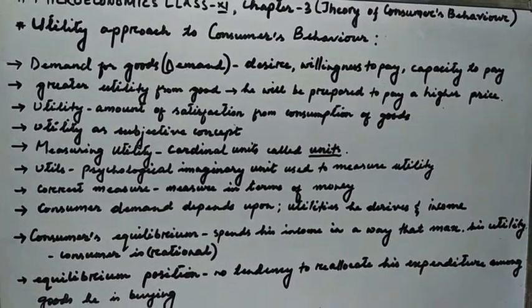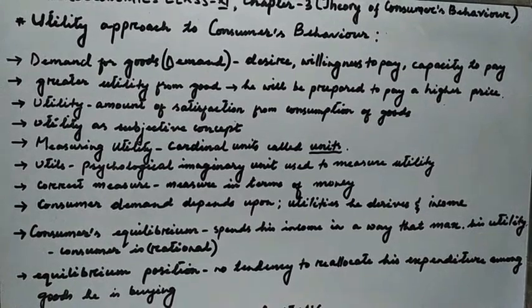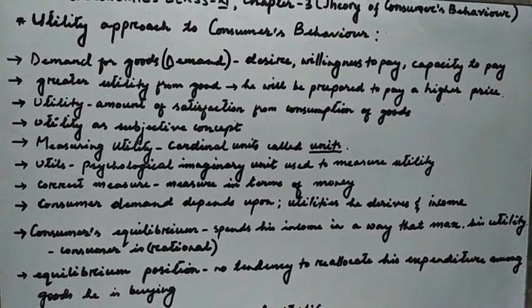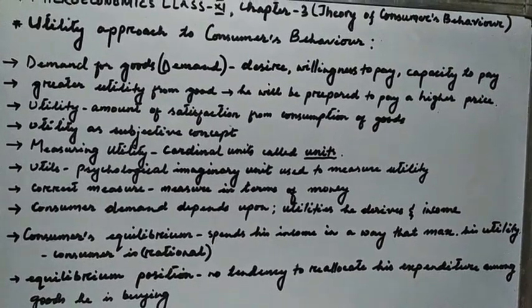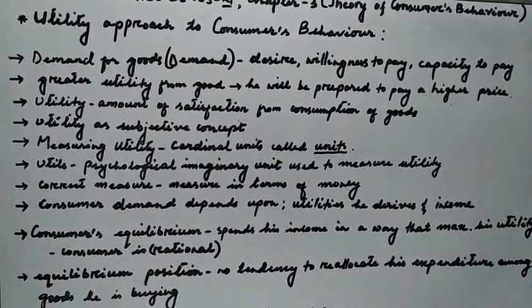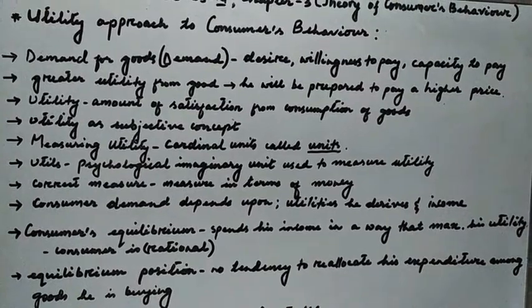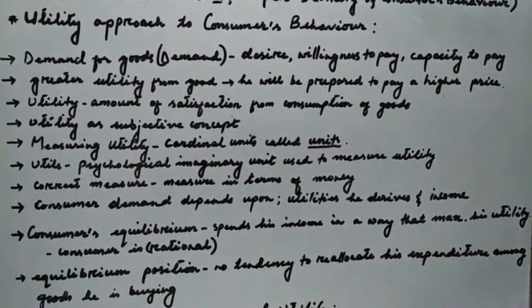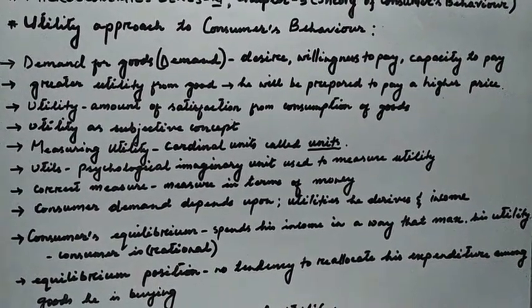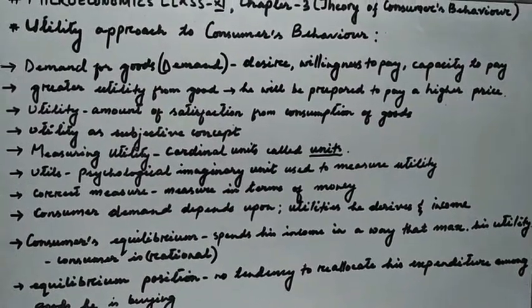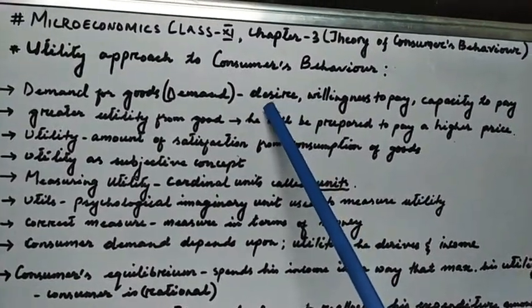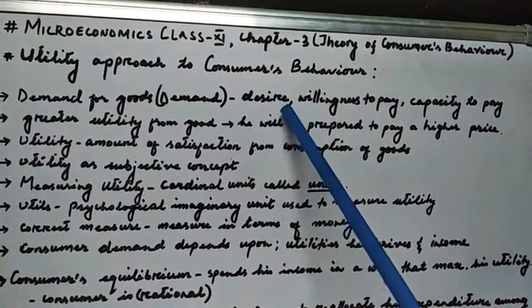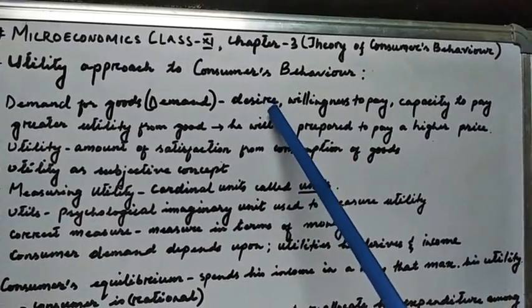So what is the economic definition of demand for goods? Our normal definition of demand is completely different from the economic perspective. From the economics point of view, demand for goods would mean a consumer must have the desire to have that good, and desire is not enough.